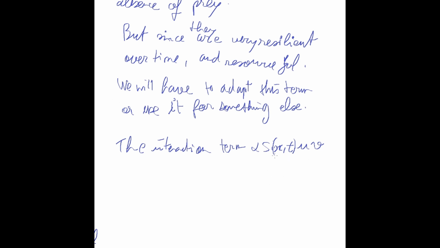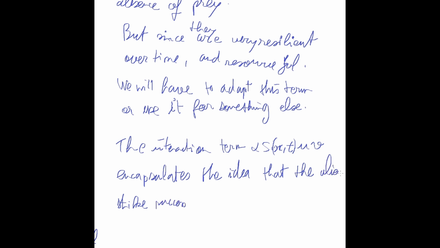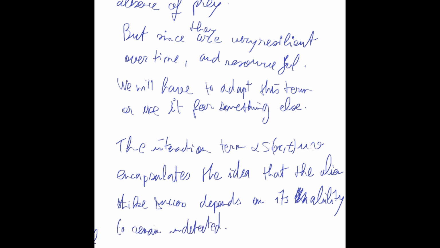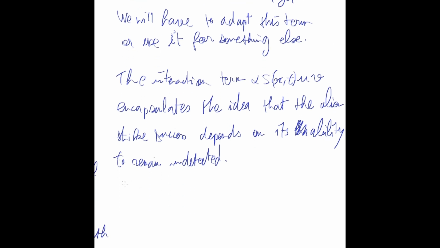This term is a very good way to encapsulate the idea that the success of the alien strike depends on its ability to remain undetected when the camouflage is effective.